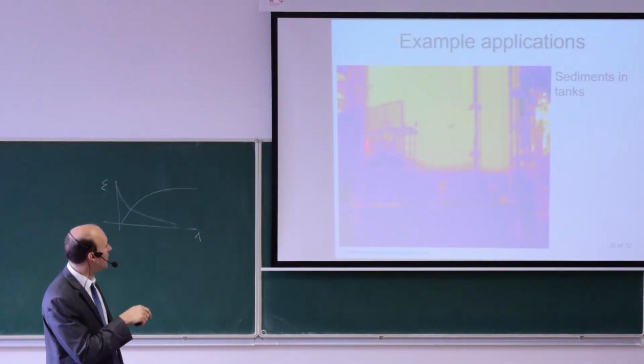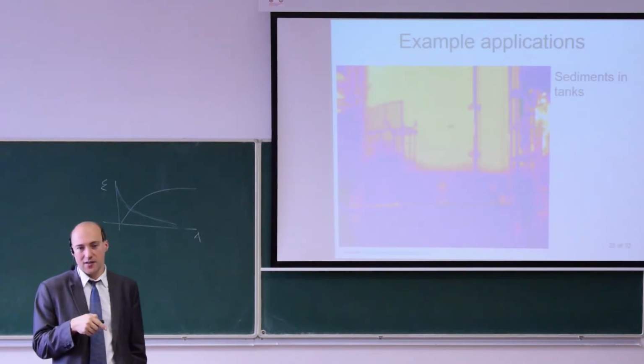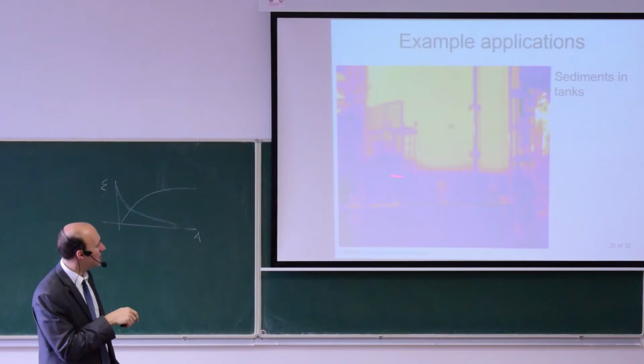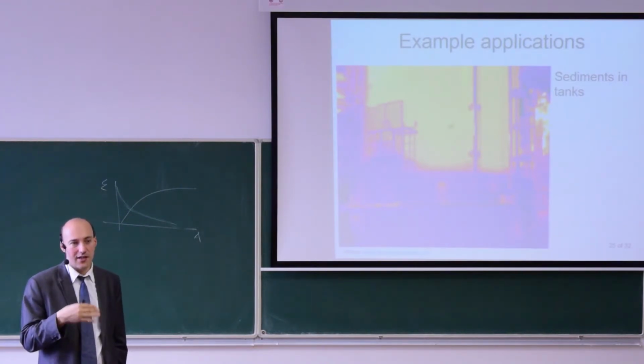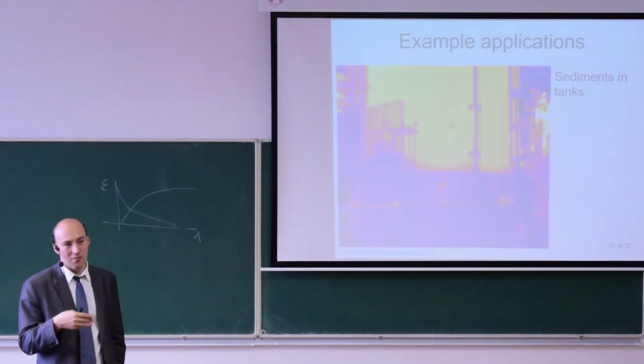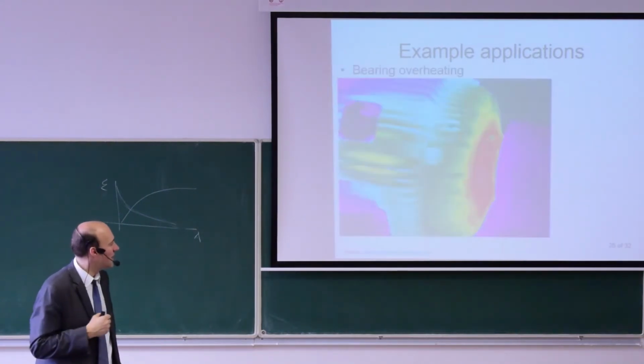So for example, this is the tank, and here on the bottom we can see that there are some sediments in the tank, and we can see them because we assume that this has the same emissivity and it will radiate less because the heat is blocked by the sediments on the bottom of the tank.